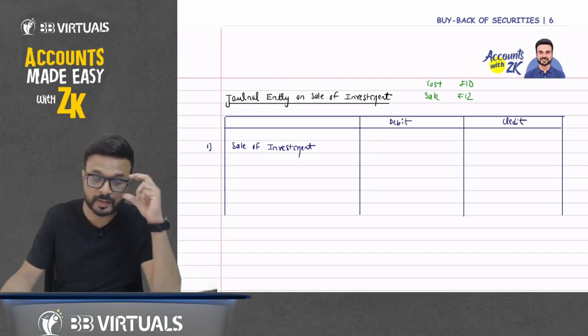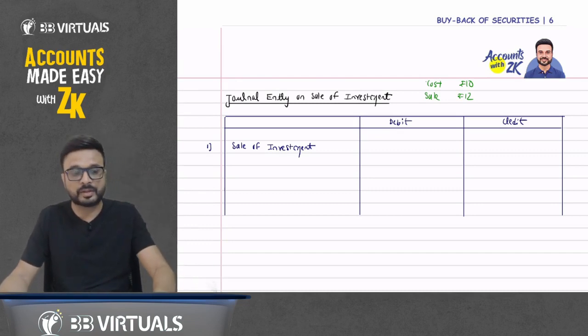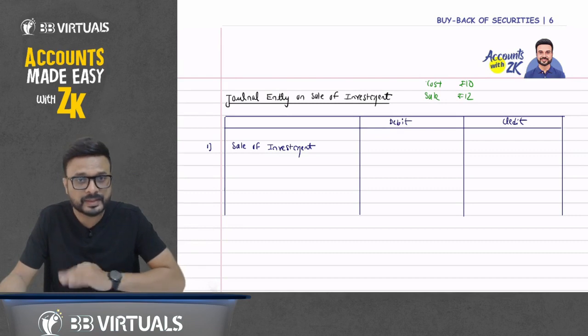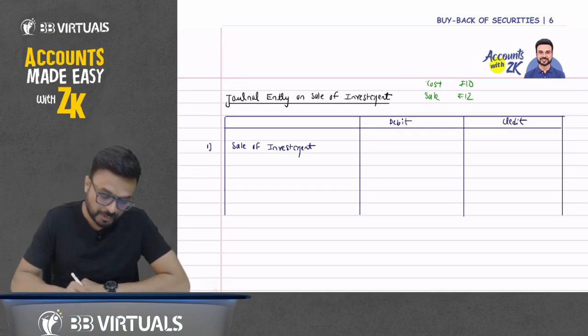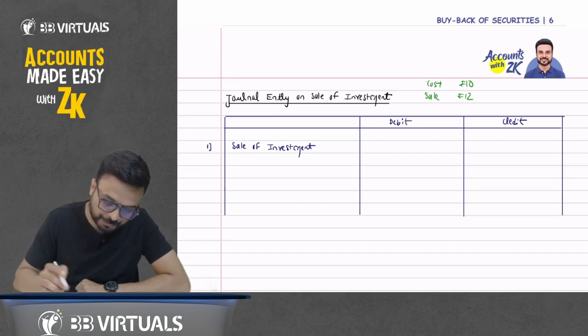The cost is rupees 10 crore and you sell at rupees 12 crore. It means there is a profit of rupees 2 crore. So how are we going to record it?